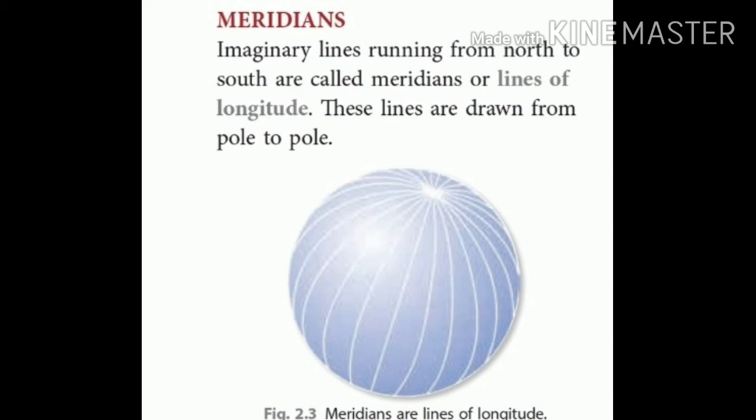The distance between any two meridians decreases as we move away from the equator towards the poles. Meridians cut the parallels at right angles, 90 degree. Meridians are used to measure distance in the east-west direction.